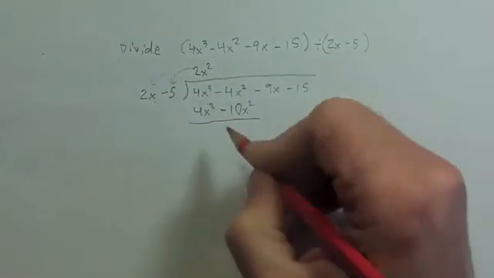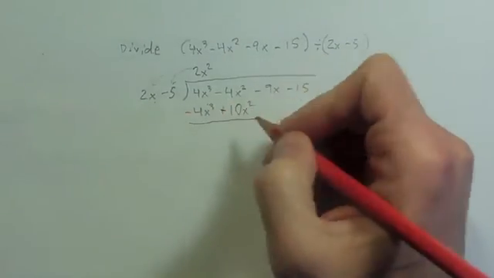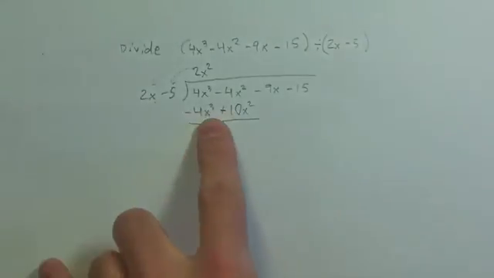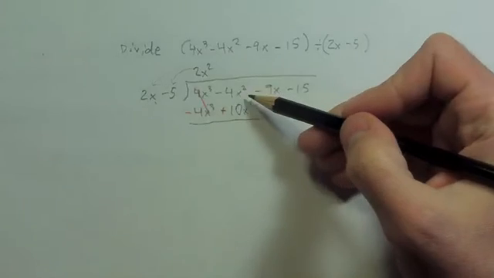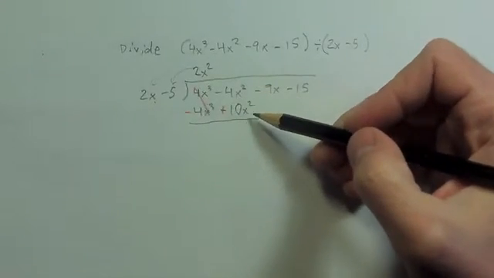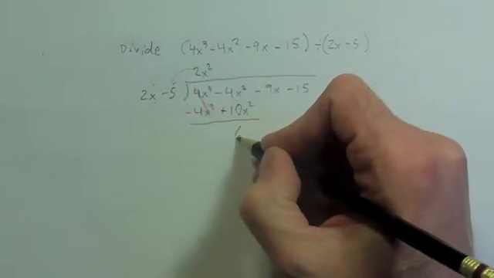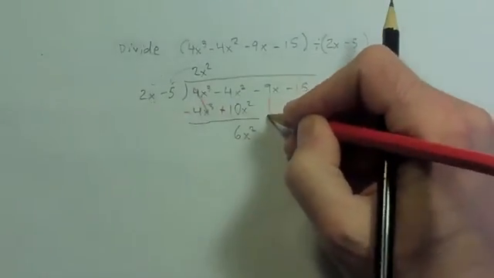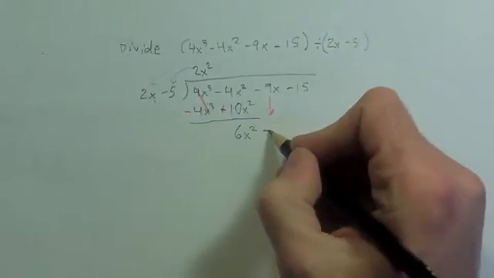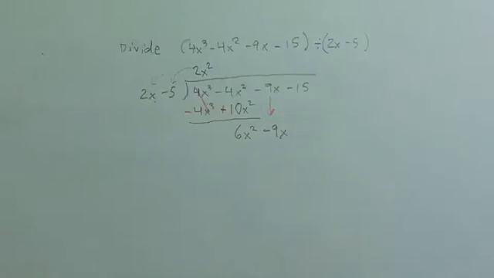Then we go through and change our signs, so I subtract by the 4x cubed. And then here it's a negative 4x squared plus a 10x squared, so we'll get a 6x squared. And then we're going to drop down the negative 9x. Again, this works very much like long division did with just numbers, except now we have x's and things like that.